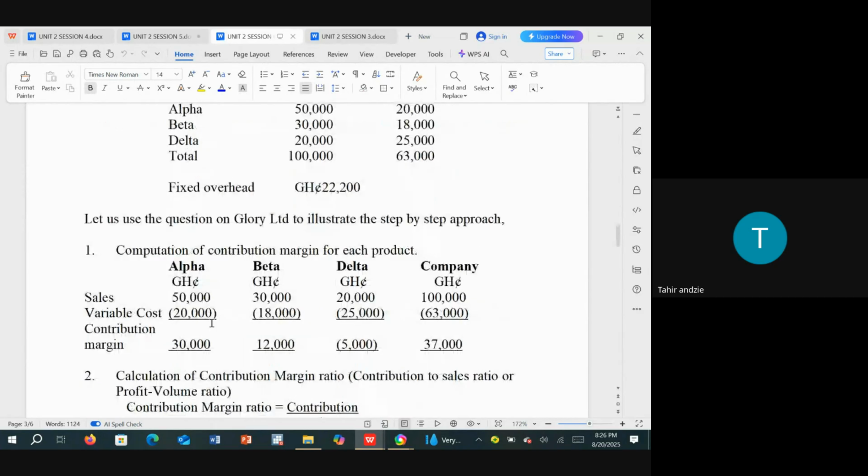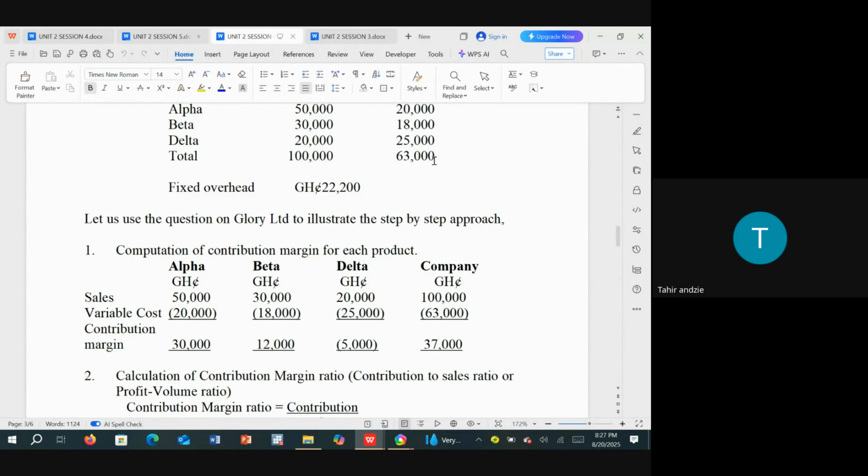Right. So we said that in the steps that we are going to go through, the first one is to determine the contribution margin for each product. So how do we get a contribution margin? We know that contribution per unit is equal to selling price minus variable cost per unit.